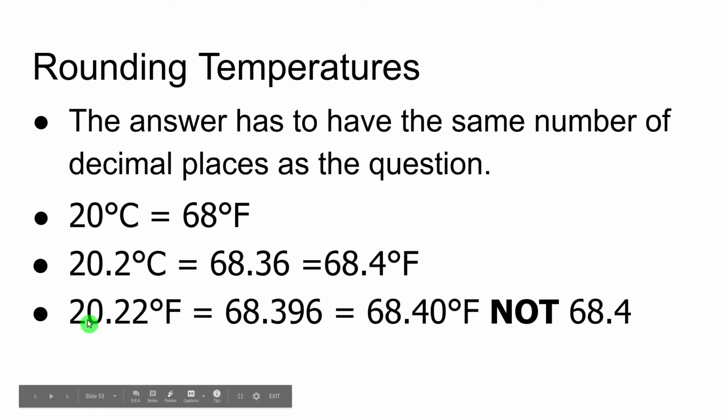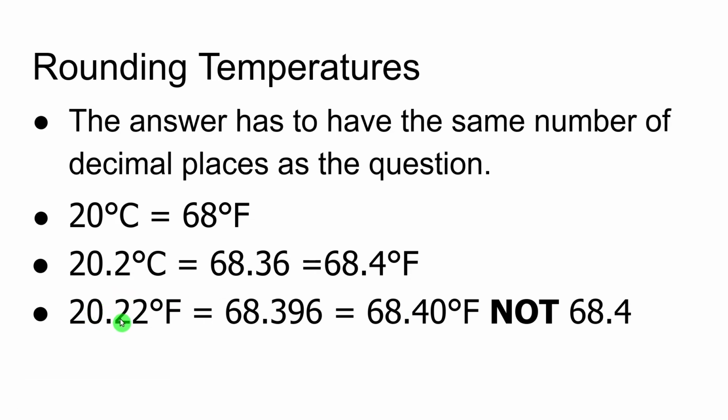If I gave you 20.22, that works out using the formula to 68.396 degrees. But because the question had 2 decimal places, you got to round that up. And this is super duper important. However many decimal places the question has, the answer has to have that many. Well, it was 68.396.